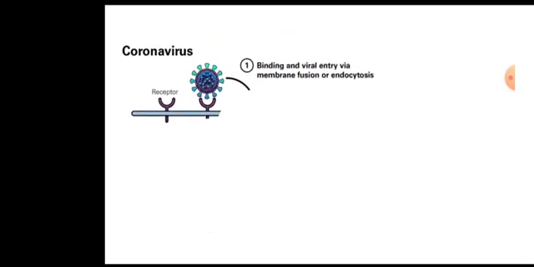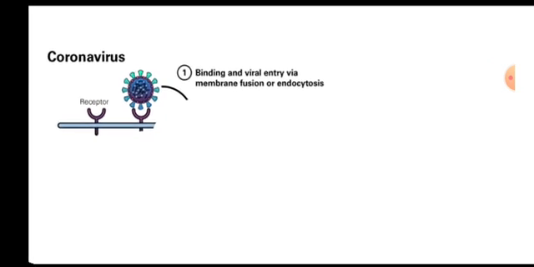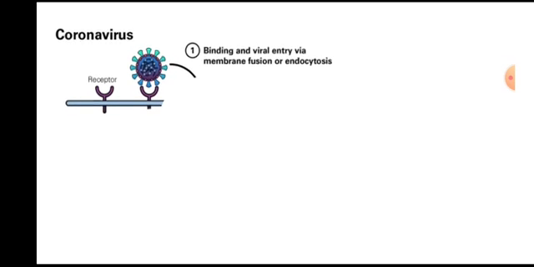Now, let us try and understand the life cycle of an animal virus which has caused a recent pandemic, that is COVID-19, the coronavirus. Now, this coronavirus, as we understand, is a close relative of the influenza virus.